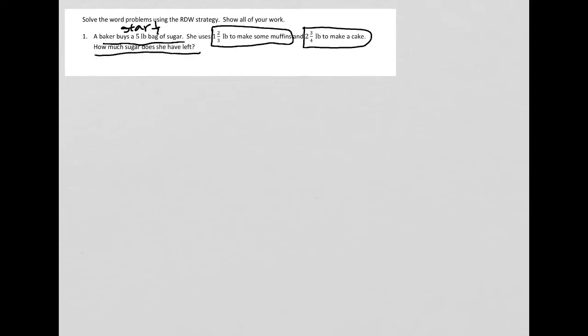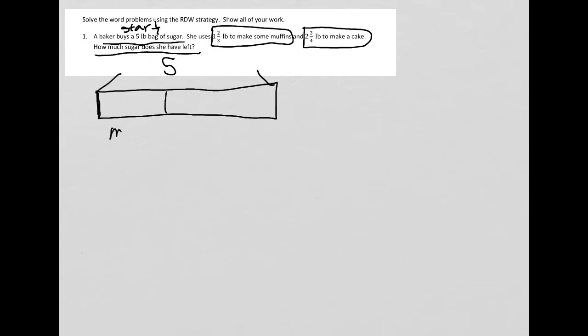So let's draw out our tape diagram. For every word problem that we do, we're always going to draw our tape diagram so we understand what math we're actually supposed to do. So we know that she starts with 5 pounds. That's the total amount of sugar she has. And then we know she makes muffins. And we know she makes a cake.